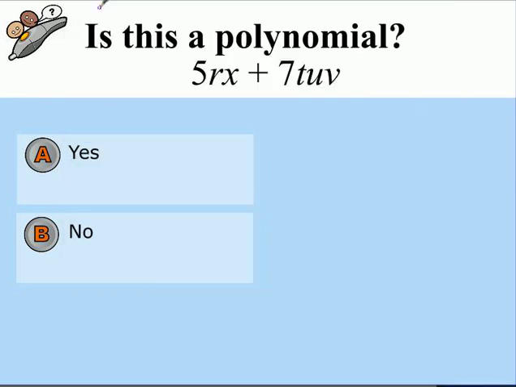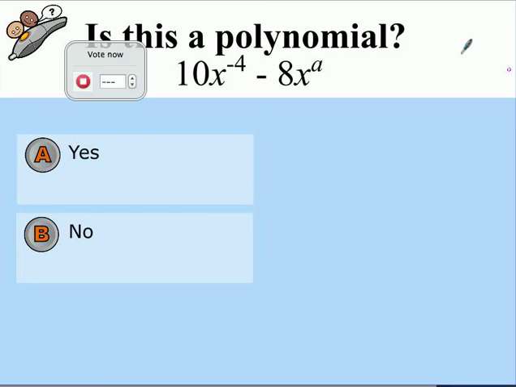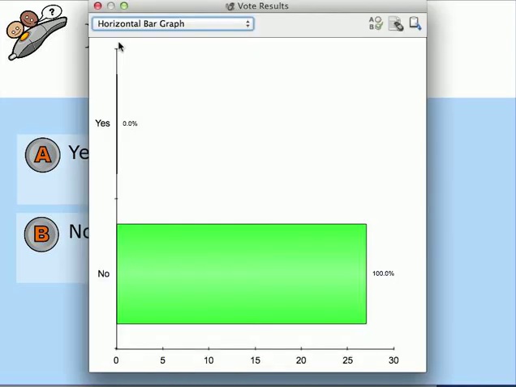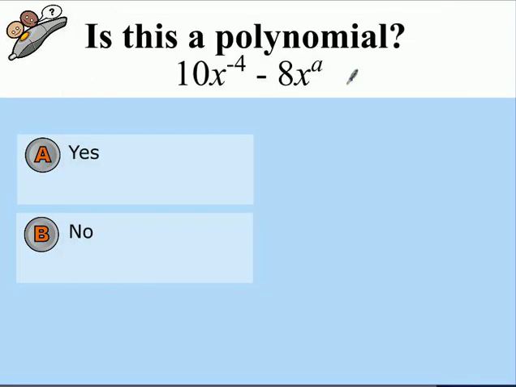Remember, that's just like the very first example we looked at on that first slide. Is that a polynomial? The answer is no. Nice job. Why is it not a polynomial? Negative power. Negative power, and also right here, the a.